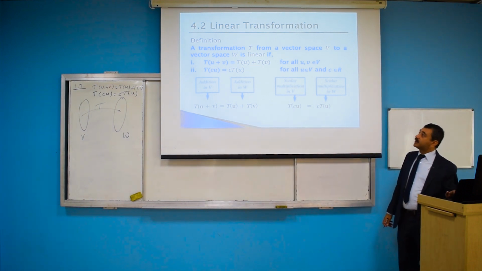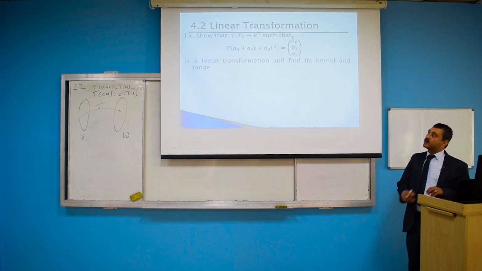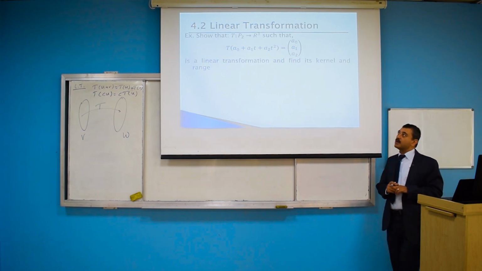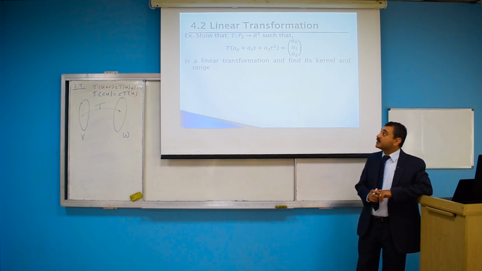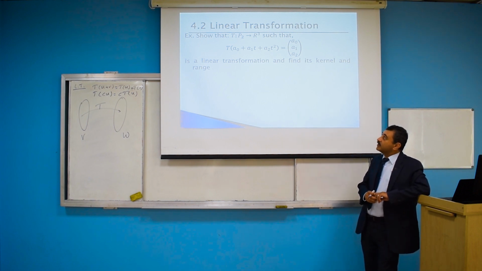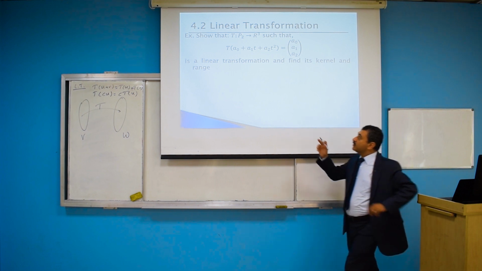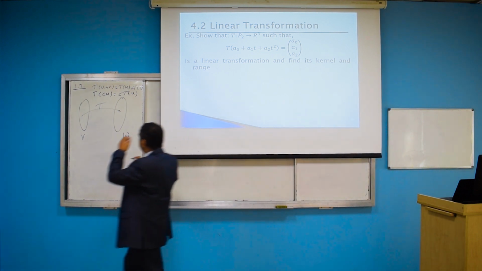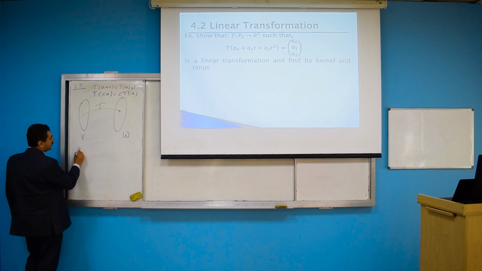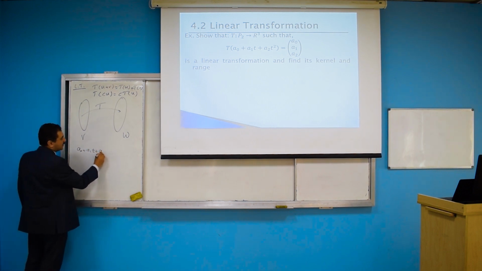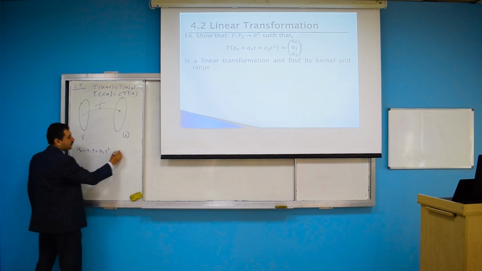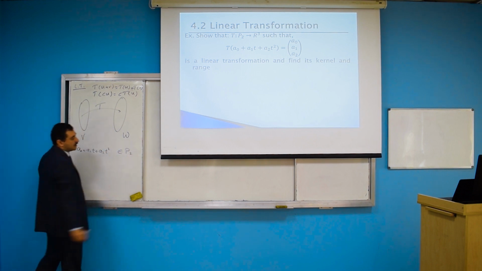So for example, if you have transformation from P2, which is the vector space of polynomials of degree at most 2, any polynomial in P2 can be written in this form: A0 plus A1t plus A2t squared. This is a polynomial in P2.